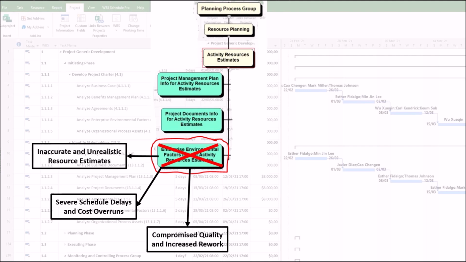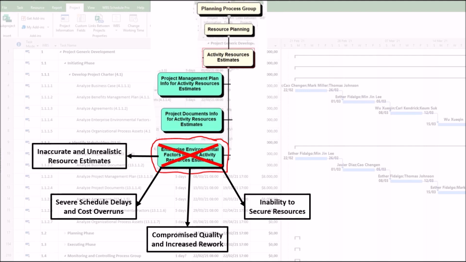Second, other enterprise environmental factors, such as infrastructure. For example, the team is forced to use outdated, slow software because the analysis didn't justify the investment in modern tools. As a result, the work is done poorly, takes longer, and requires extensive rework, further draining time and budget.